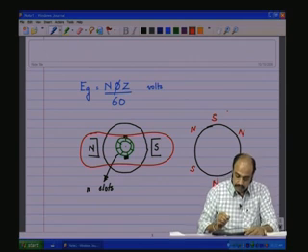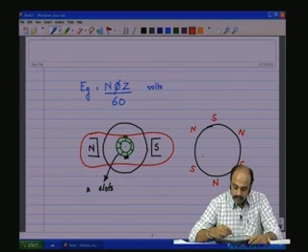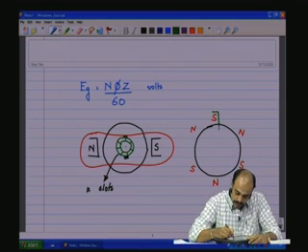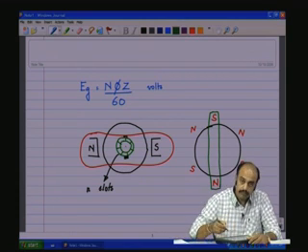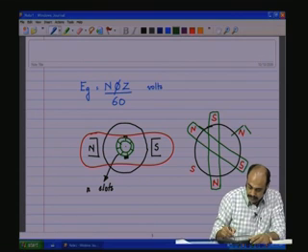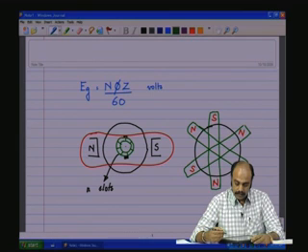Alternately, poles of opposite polarity are placed, but the pole pairs are diametrically opposite, meaning this is one pole pair, this is another pole pair, and we have another pole pair here. So you have three pole pairs arranged in this fashion.